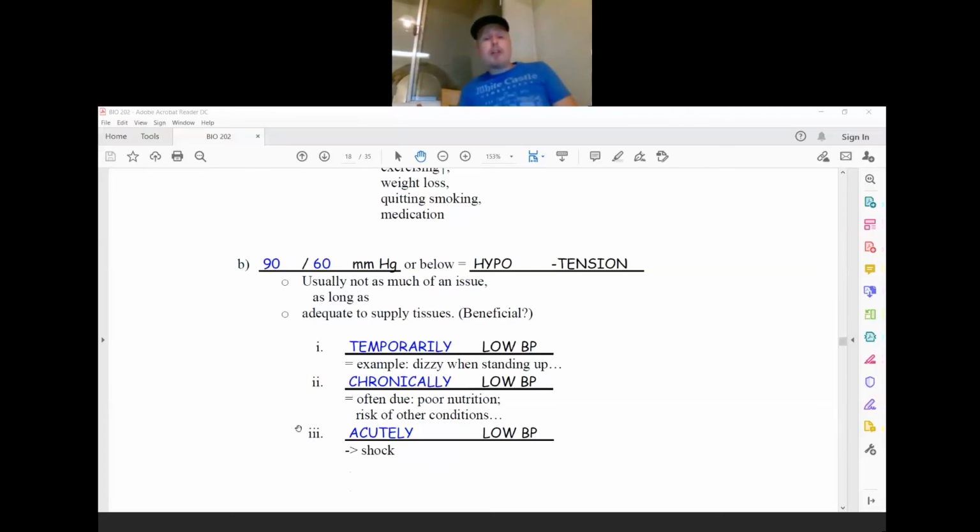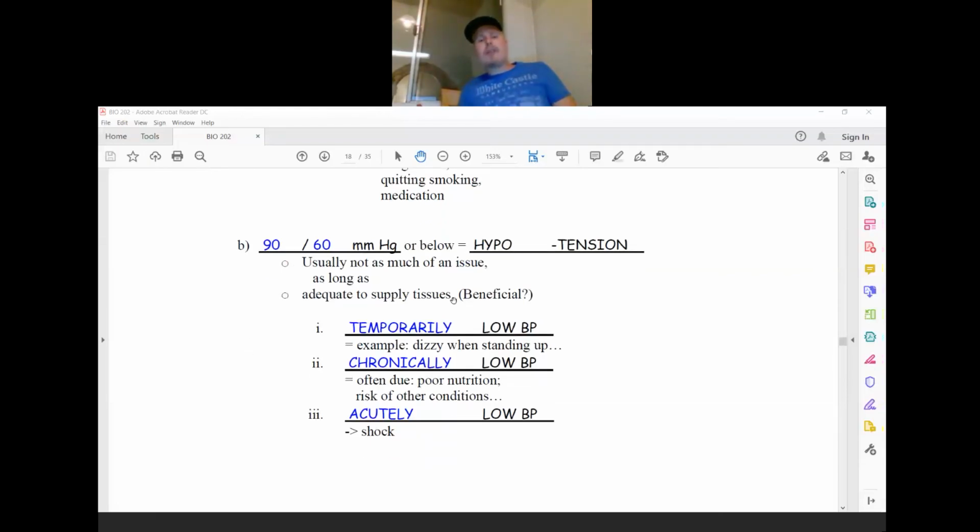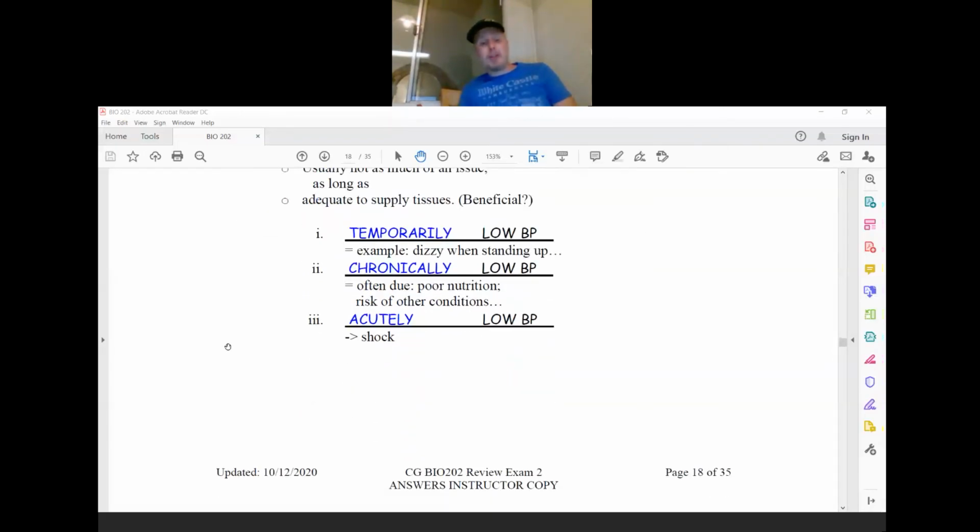And if you have acutely low blood pressure, you might be going into shock. But in general, consistent hypotension or temporary hypotension is not really as risky as hypertension. Some research has even proposed that it might be beneficial to have slight hypotension.